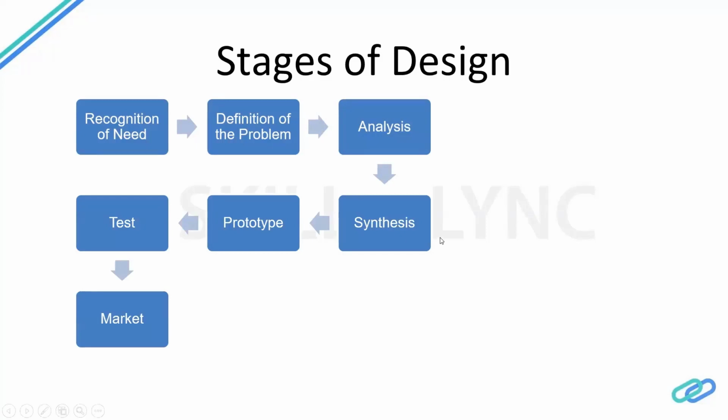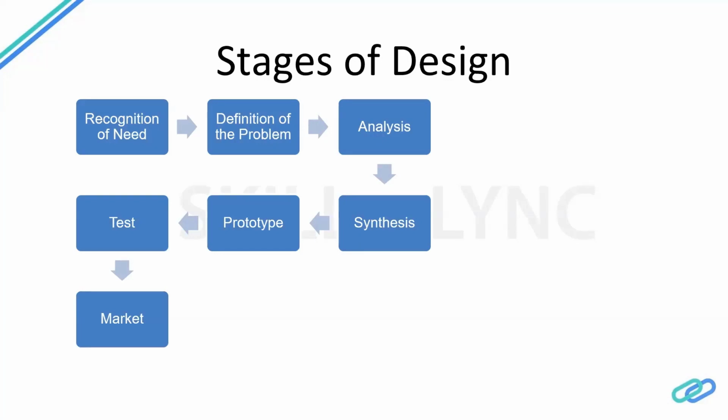This was once the traditional design cycle, but with the advent of computers, we are relying on computers in every aspect of our life, and product design is no exception. So now for engineering tasks, we are talking about computer aided engineering.